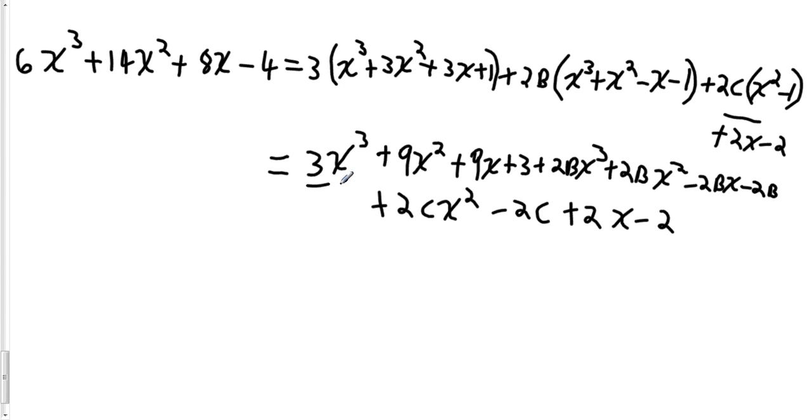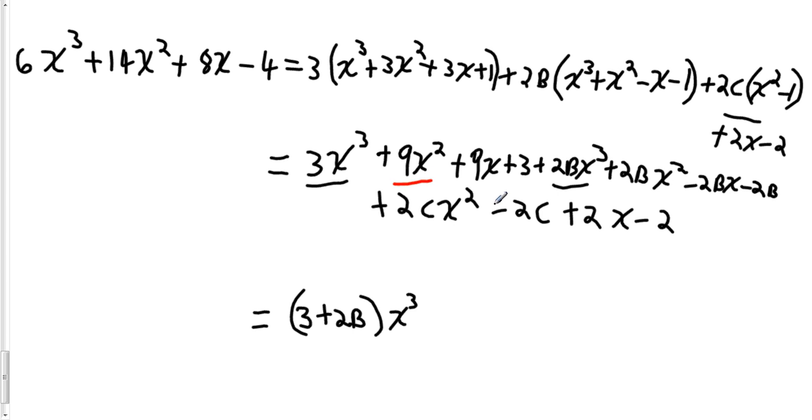Here I have the x cubes. This is x cubed. This is x cubed. So I'm going to group those two together to get a 3 plus 2b x cubed. All right, let's take a look at the x squareds now.